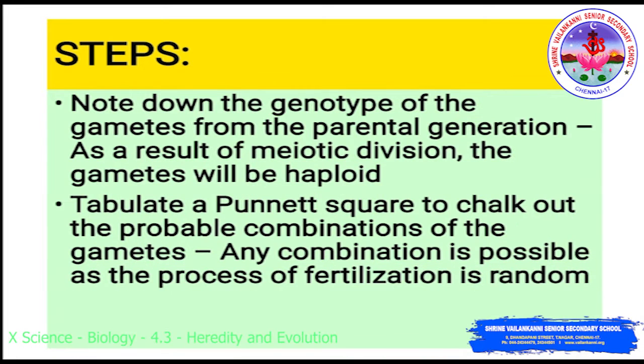Step 3: note down the genotype of the gametes from the parental generation. As a result of meiotic division, the gametes will be haploid. Step 4: tabulate a Punnett square to chalk out the probable combinations of the gametes. Any combination is possible as the process of fertilization is random.